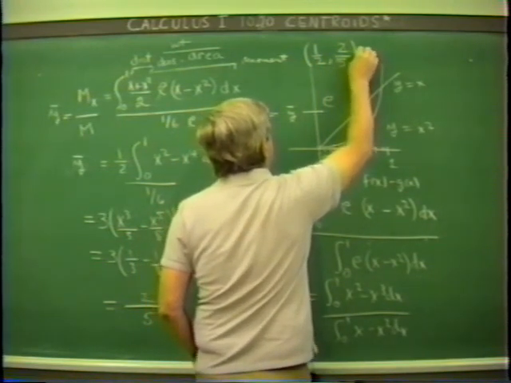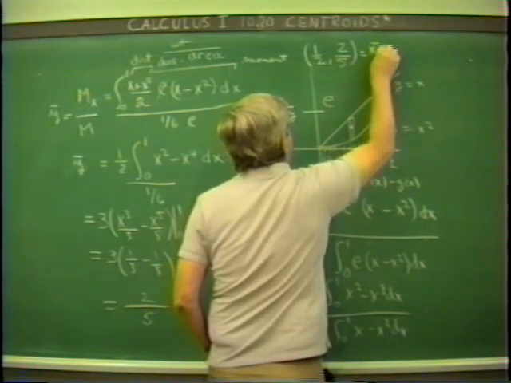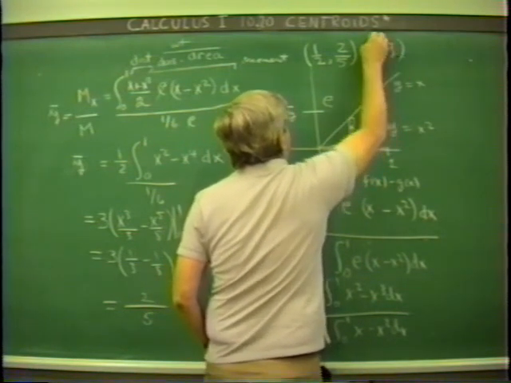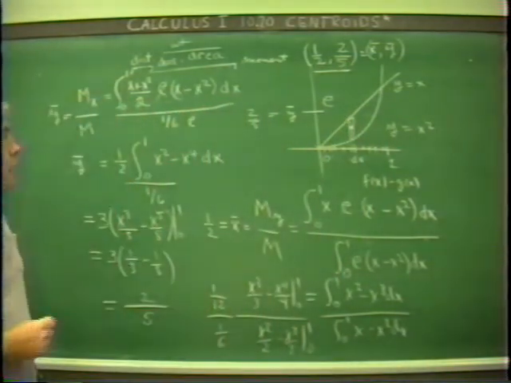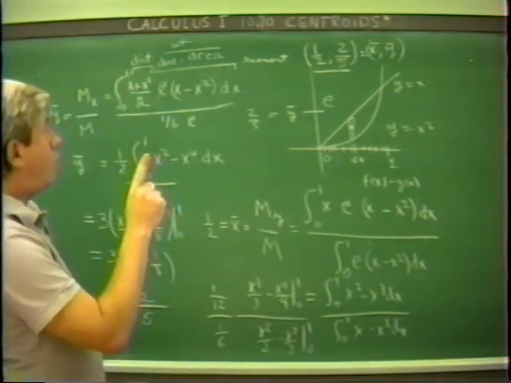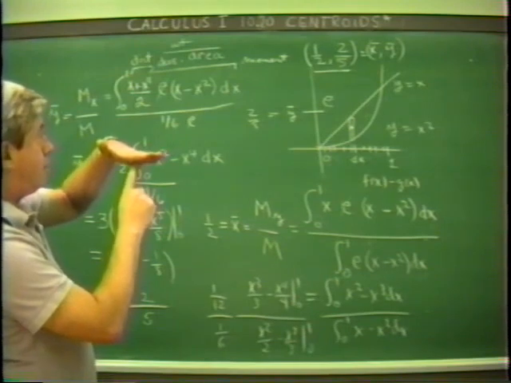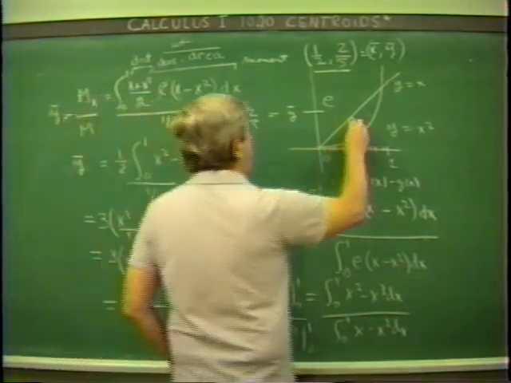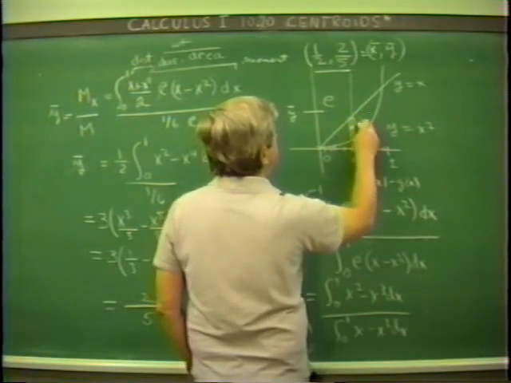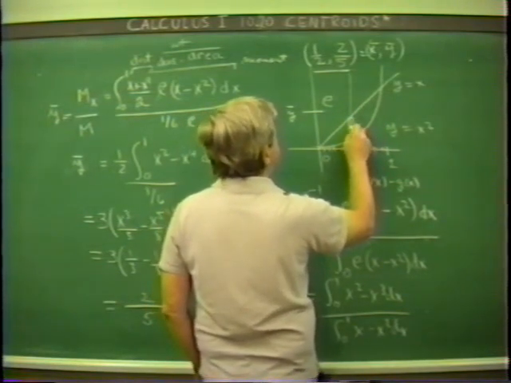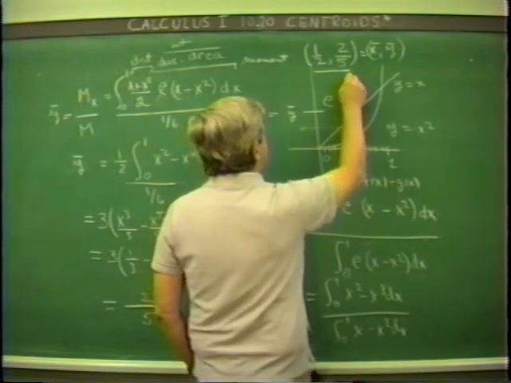And then the two coordinates together is the centroid. The centroid is at (1/2, 2/5), that is, (x bar, y bar). If you position a pin there at (1/2, 2/5), this whole area should balance like so. Right?